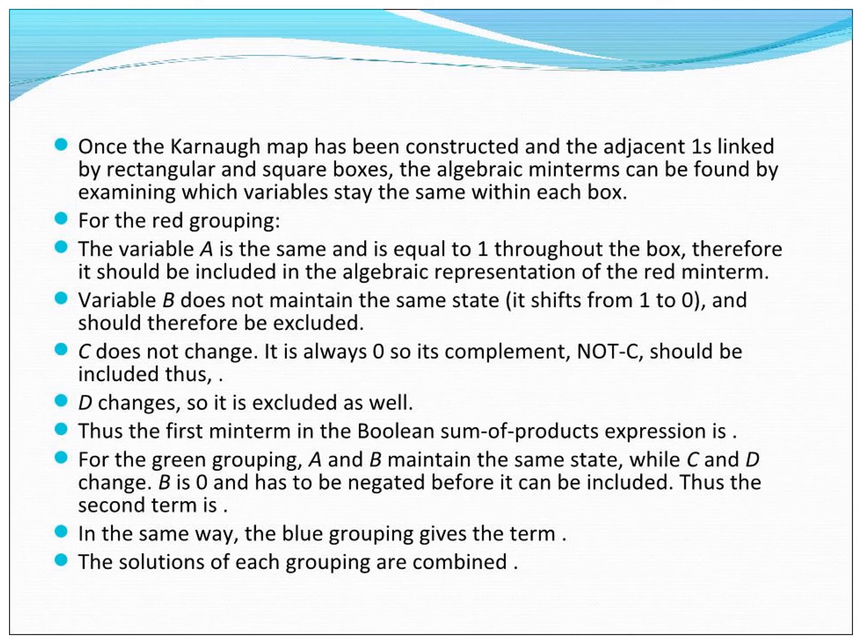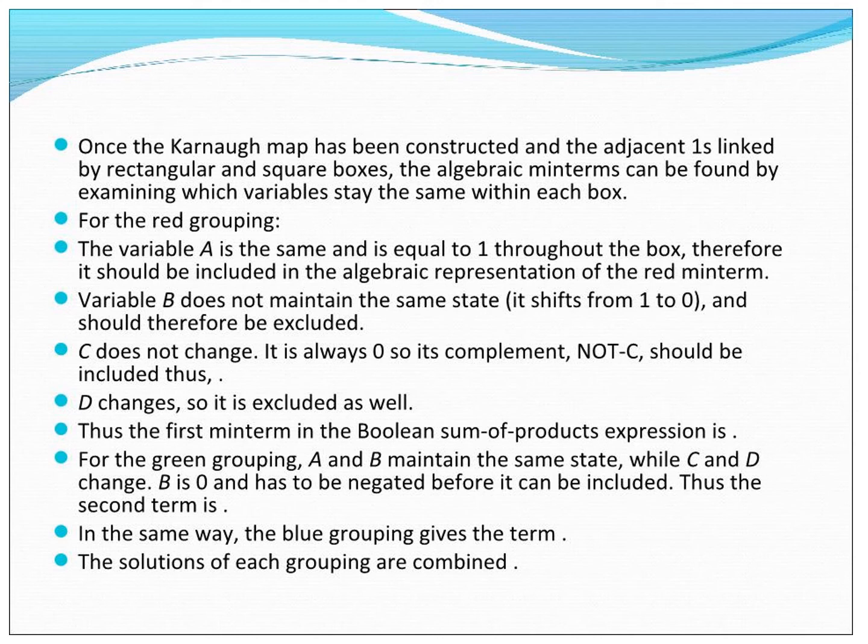Variable B does not maintain the same state. It shifts from 1 to 0 and therefore is excluded. C does not change. It is always 0, so C complement is included. D changes, so it is excluded. Thus, the first minterm in the Boolean sum of products expression is AC complement.